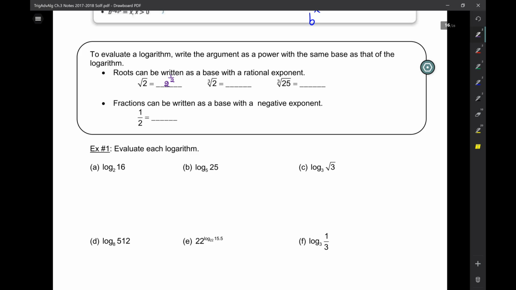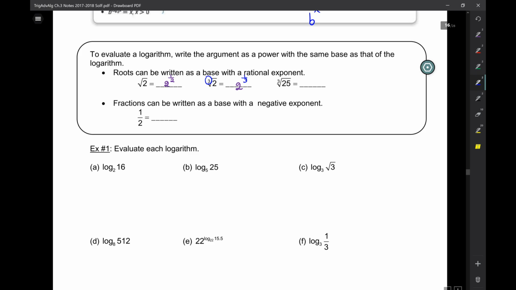If you have root 5, that could be written as 5 to the power of what? 1/2. Now, if you have a different root, a cube root, you see that number there is a 3? Now you have 2 to the power of 1 over 3.